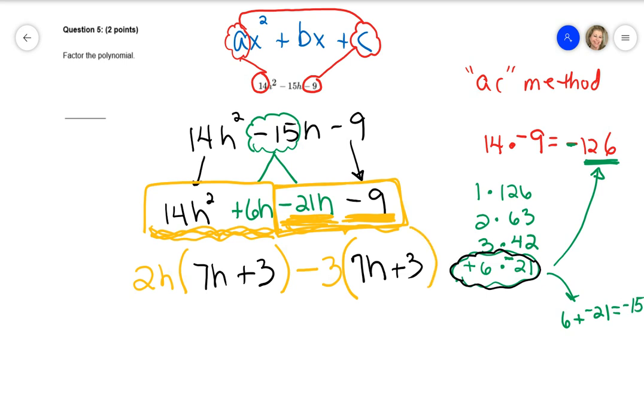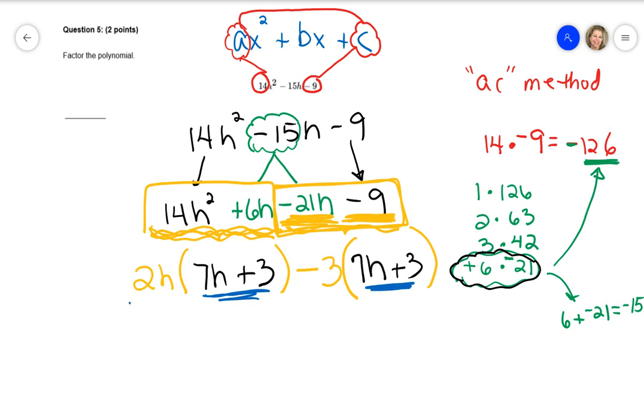Now, what I want you to notice is the sets of parentheses are identical. I have a 2h times a 7h plus 3 minus a 3 times a 7h plus 3.